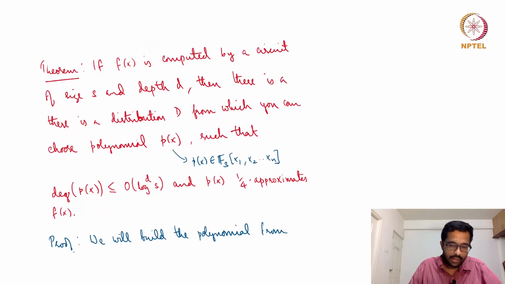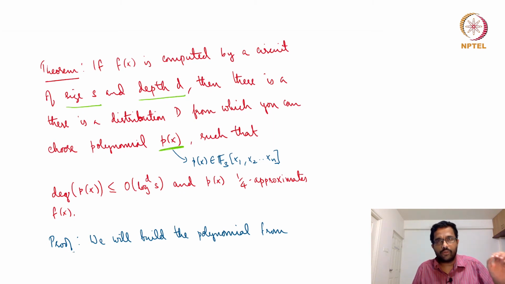If f(x) is computed by a circuit of size s and depth d, then there is a distribution from which we can choose a polynomial p(x) over F3, which has coefficients from F3, meaning coefficients 0, 1 and 2, and everything happens modulo 3, over the n variables.